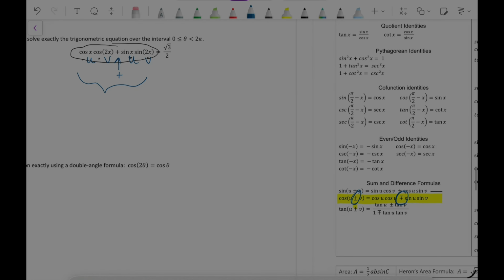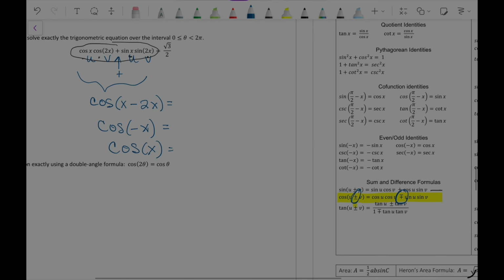So this can be simplified to the cosine of U minus V. Well, this is the cosine of negative 1x then. I happen to know, and so do you, that cosine is an even function, so I can rewrite this as just cosine x. So this is saying that cosine x is equal to root 3 over 2.